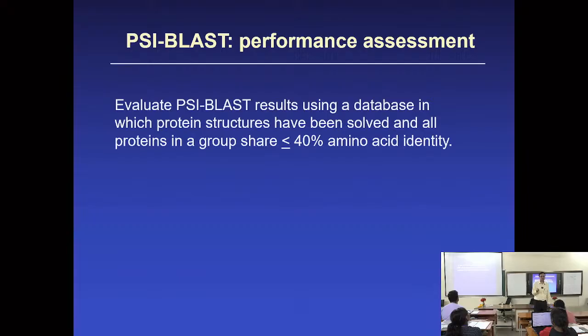But how to validate PSI-BLAST? PSI-BLAST is a powerful method for identifying distant homologs, which means that you would want to consider proteins that are less than 40% or 30% identical, but their structures have been solved, and when those structures are superimposed, there is a high similarity at the structure level, okay? So likely homologs, even though less than 30% identity at the sequence level, because structures are so similar, they are likely homologs.